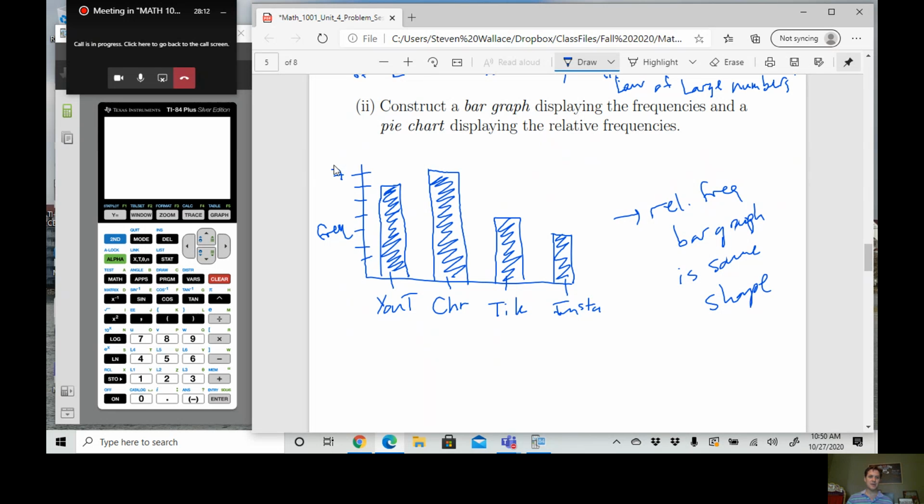The only difference would be I would scale the vertical axis by dividing everything by 20, right? So now it goes from 0 to 7 out of 20, basically. You get the exact same graph.